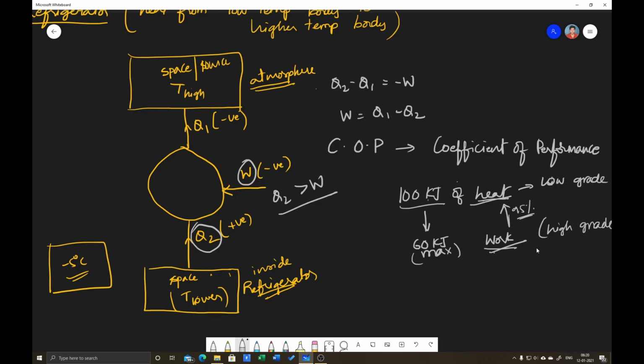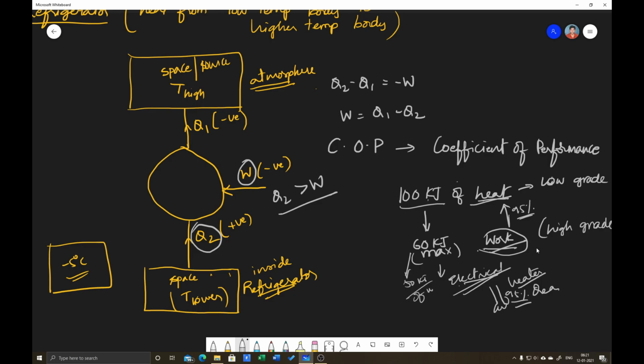Simple. Let us say you are converting 100 kilojoules of heat into 60 kilojoules of work. This can be converted to electrical energy using a generator. This electrical energy is used in a heater. What is the purpose of a heater? It converts electrical energy into heat. This is also 95% efficient. That means this 60 can be converted to almost 50 kilojoules of heat.